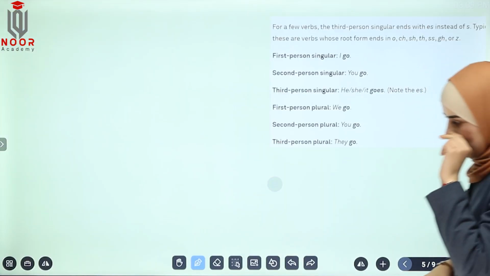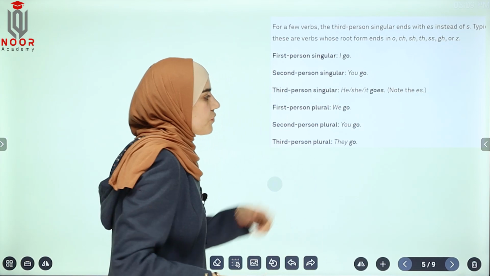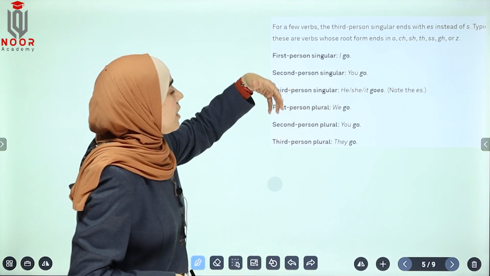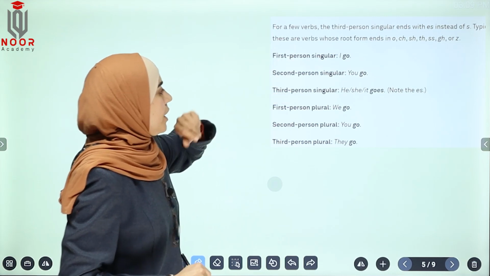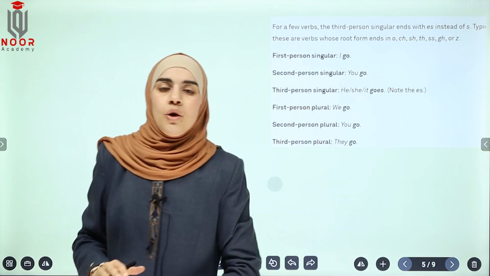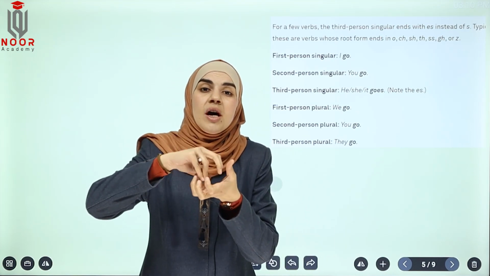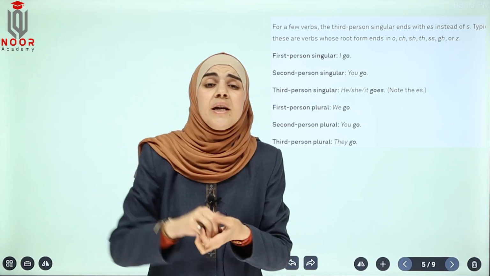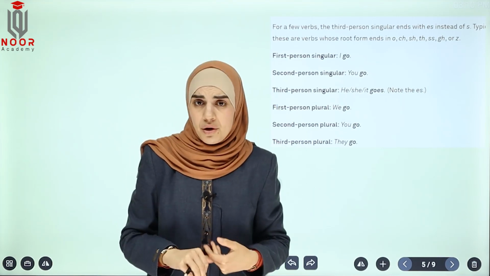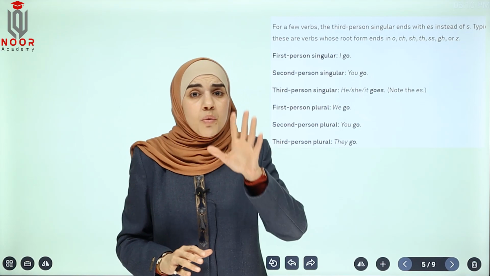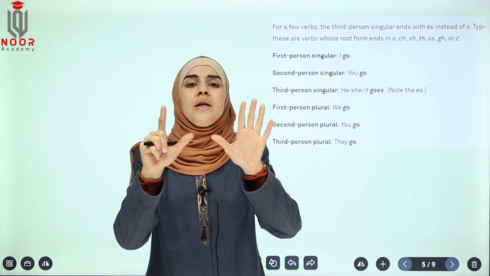In the pages we used before, we have defined the simple present, and also we tried to make the 7 pronouns, the primary pronouns in English: first, second, third.